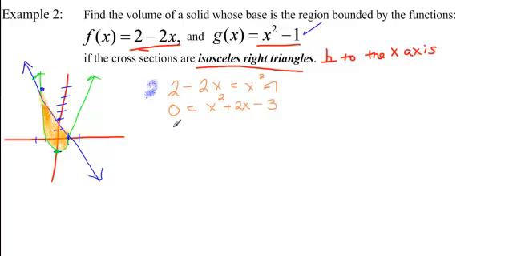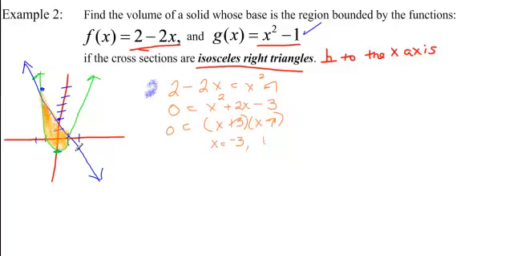And that will factor quite nicely into x plus 3 and x minus 1, giving us values at x equals -3, and also it'll intersect at 1.